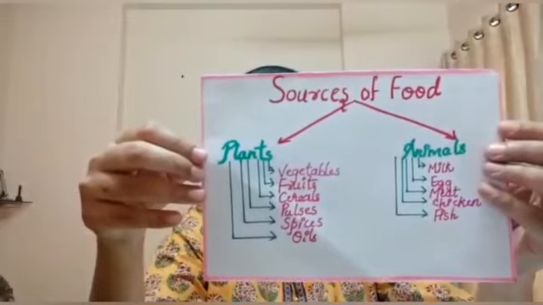From animals, we get milk and milk products, fish, chicken, meat, eggs, etc. Some people are vegetarians and some are non-vegetarians. Different kinds of people eat different kinds of food, isn't it? So these are the sources of food.